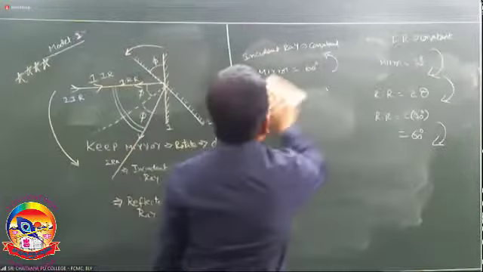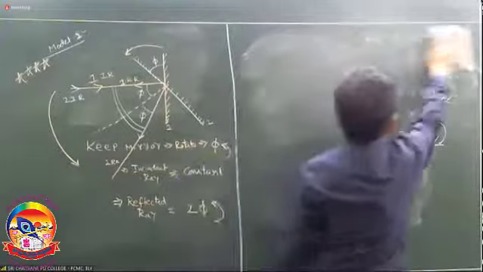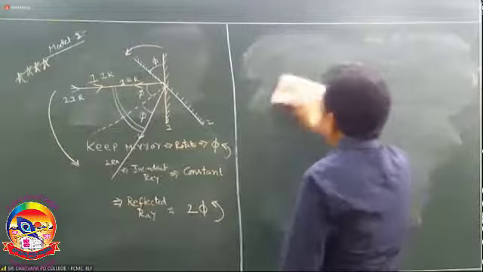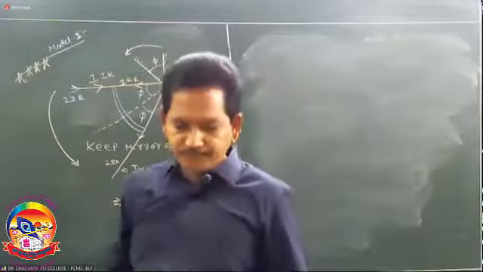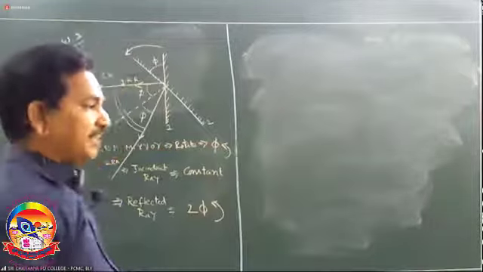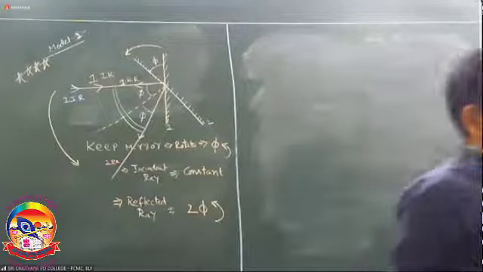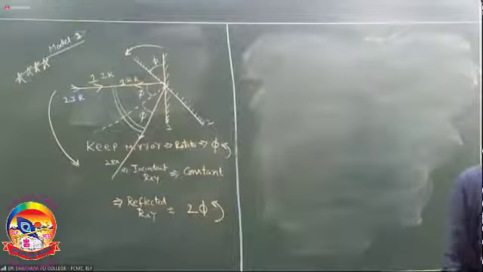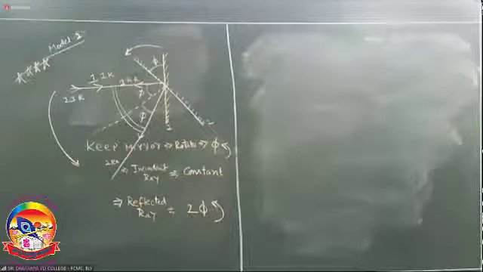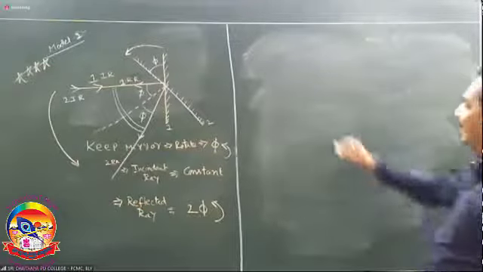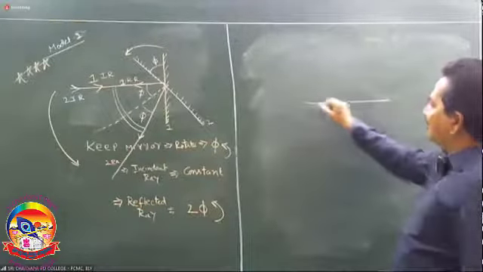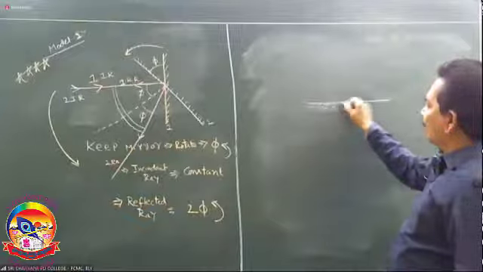Now, one difficult problem. I will mix up two concepts. The incident ray is also rotating, and the mirror is also rotating. I want the total rotation of the reflected ray, a combination of two models.